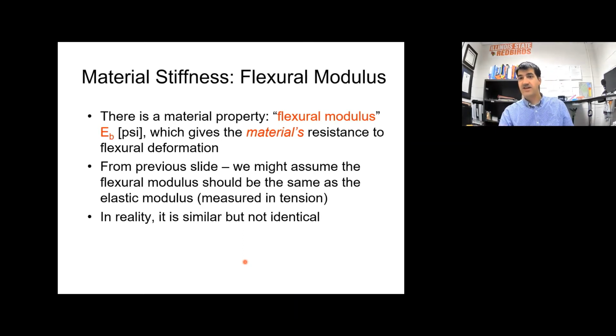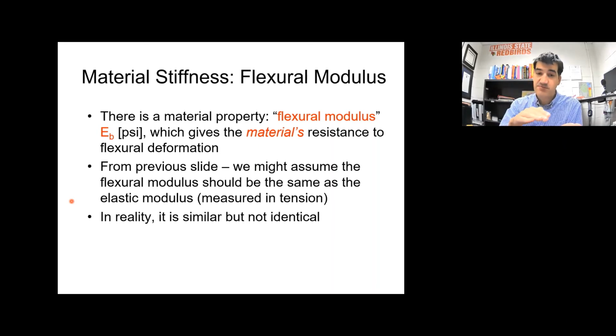So you might think that the flexural modulus, well, it should be the same thing as the Young's modulus or the elastic modulus in tension, right? And that's a good line of thinking. That is on the right track, but it's not quite true. They're not identical. And the reason they're not identical is because in beam bending, that place on the lower edge where it has a maximum tensile stress is actually reinforced by the material directly above it, which has a lower stress.